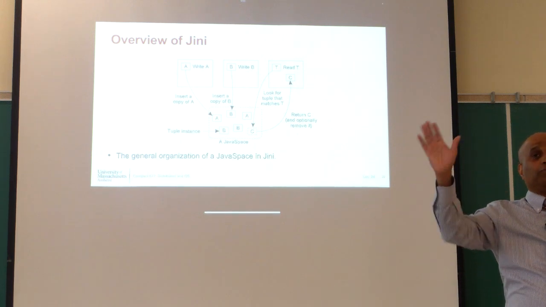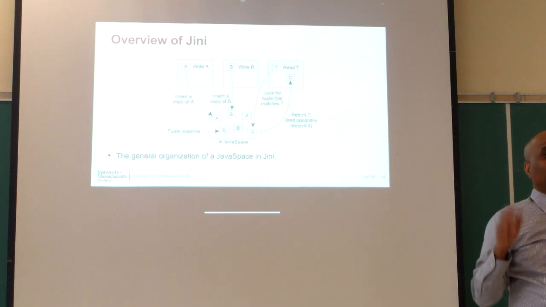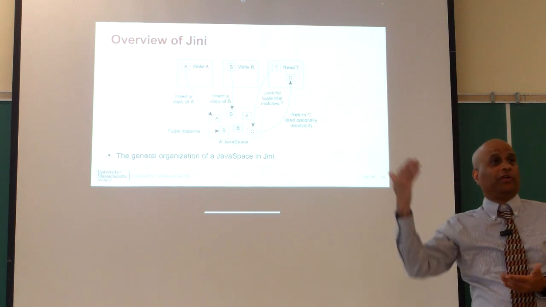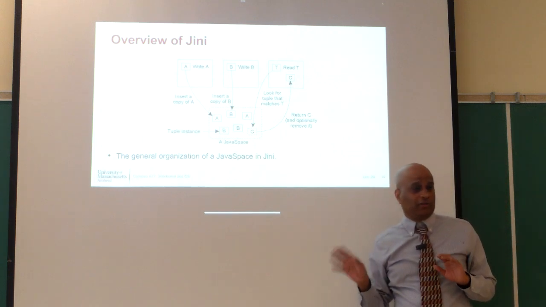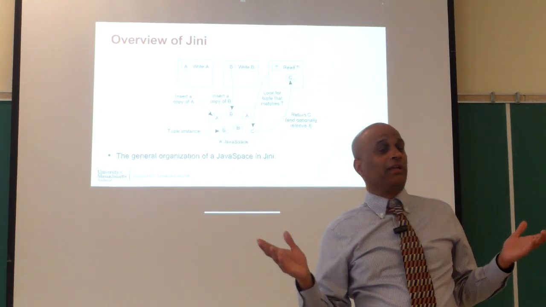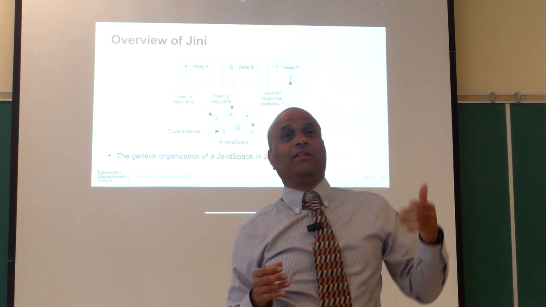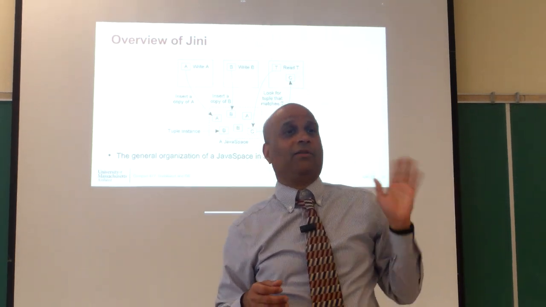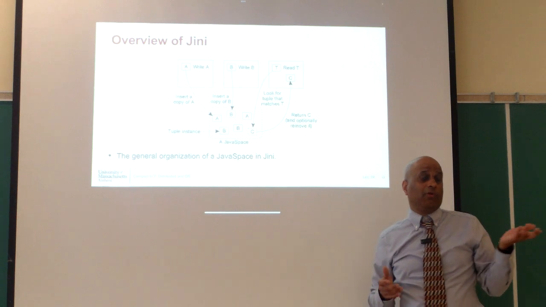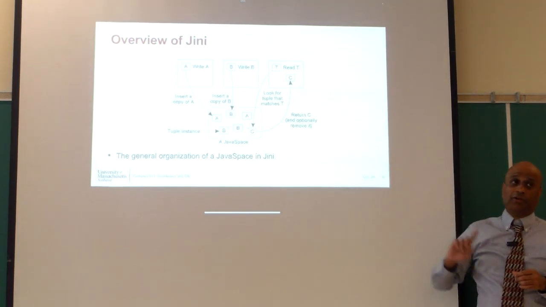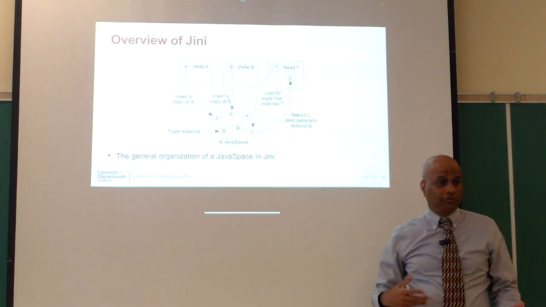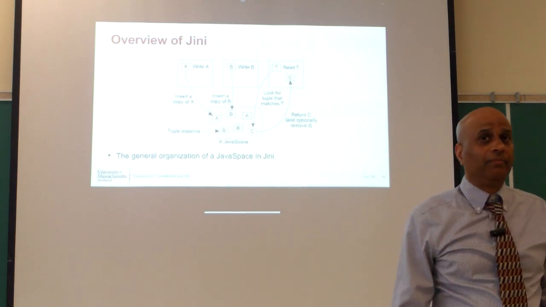You say, I want a lab partner. Somebody comes along and says, I want to be a lab partner. You're done. You don't need to keep that message there because it has been used and you found what you were looking for. Or maybe you're selling 10 pieces of furniture. In this case, just because one person came and looked at the message doesn't mean you remove it, because they may only want one piece of furniture. You keep it for the rest. So it depends on what you're trying to do. JavaSpace gives you both of those functionalities.